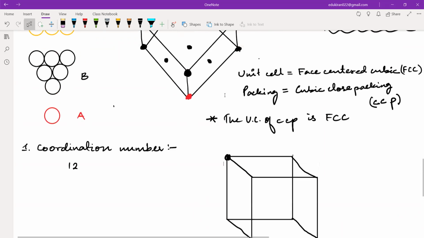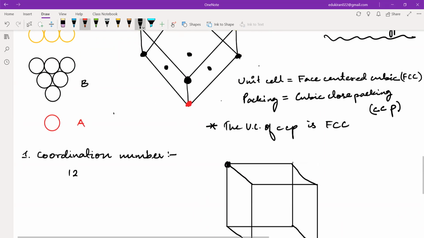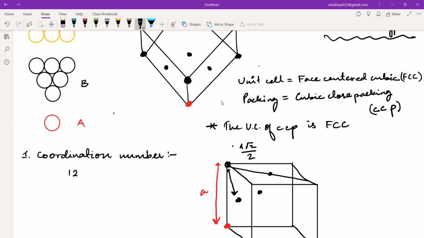Okay, here we have a black atom, and then downward we have a red atom here. Okay, so this distance is how much? This distance is A, but we have black atoms in this face center. Here we have a black atom, here we have a black atom. The distance between these two black atoms is obviously less than this A, right? Because it will be A√2 by 2, because this whole face diagonal is going to be A√2, and in the midpoint, we have an atom. That is why this will be A√2 by 2.